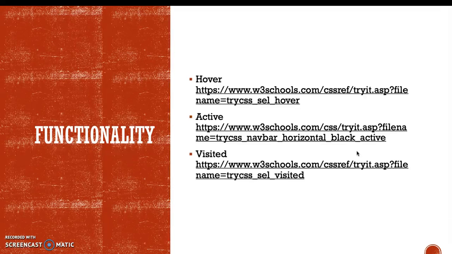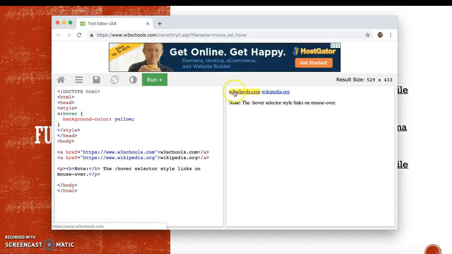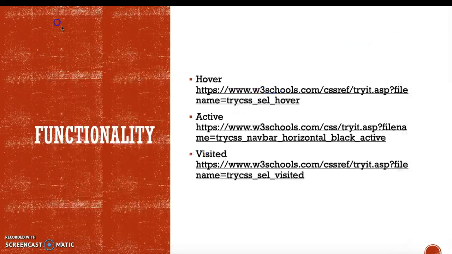But in the wayfinding, we can look at the hover, active, and visited. I thought I'd go through with you on the W3 Schools. So you can see when I hover over these links, it turns yellow. And so that's pretty awesome.